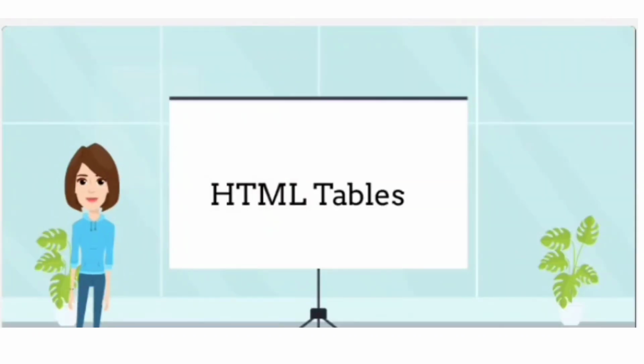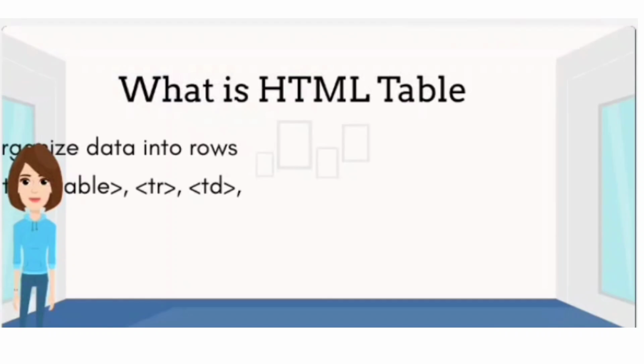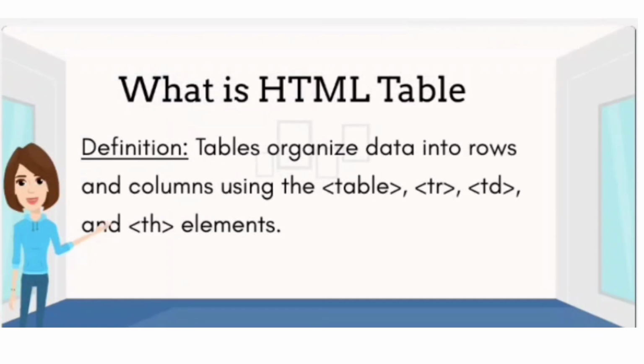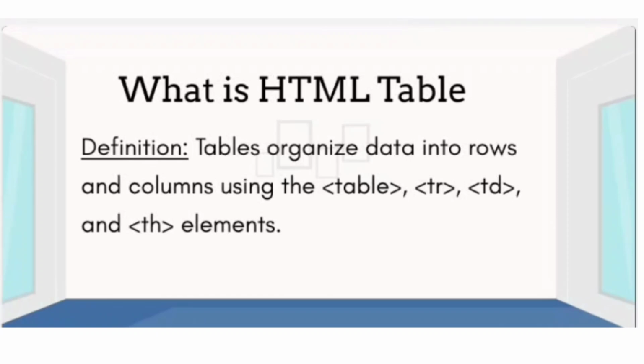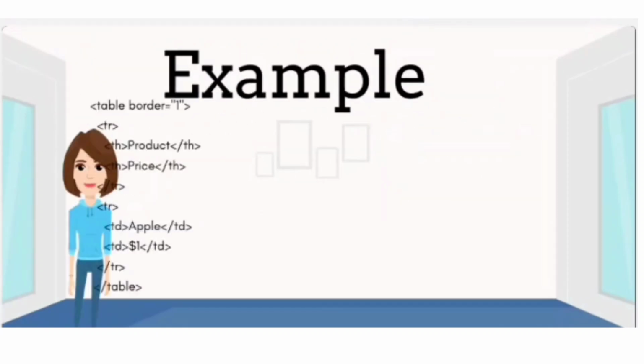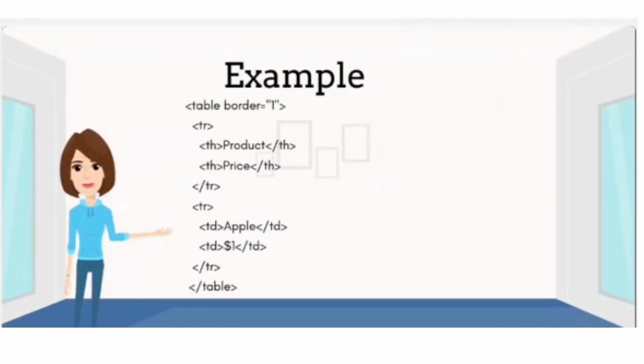HTML tables. What is HTML tables? Tables organize data into rows and columns using the table, tr, td and th elements. Let's see the example here.